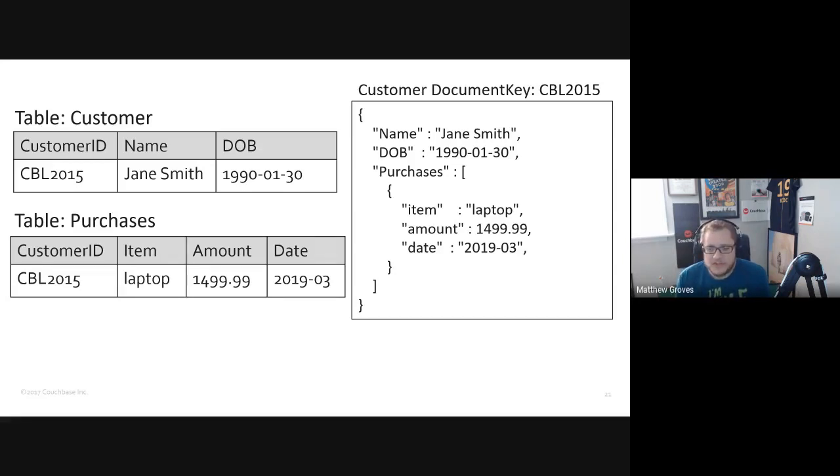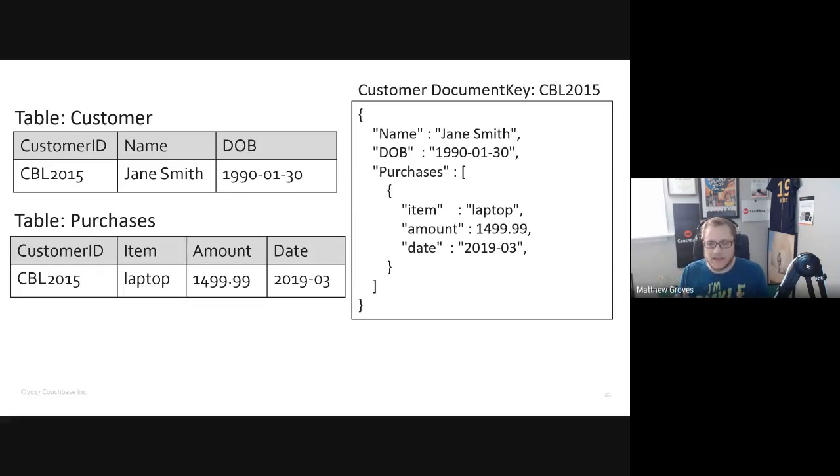Now, the way we'd represent this in a document database on the right, this is one possible way, is we'd have just a single document still, but now inside the document, we have a purchases array. And that array is all the different purchases that I've made. So you can see on the document database, it's still just one piece of data with all the structure intact. It's not flattened and shredded out like a relational database.